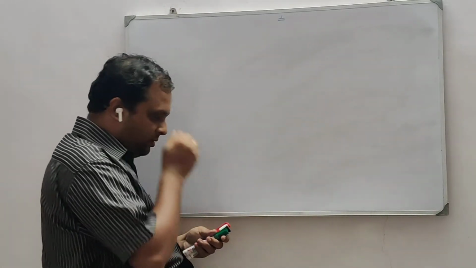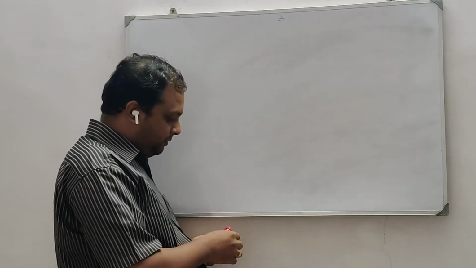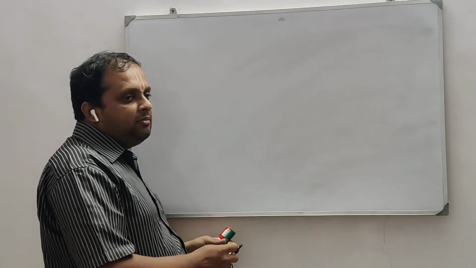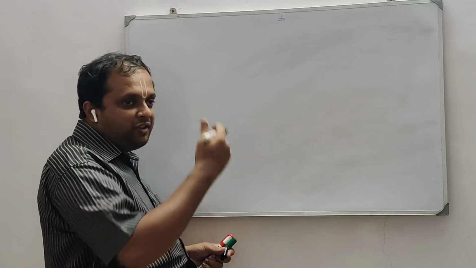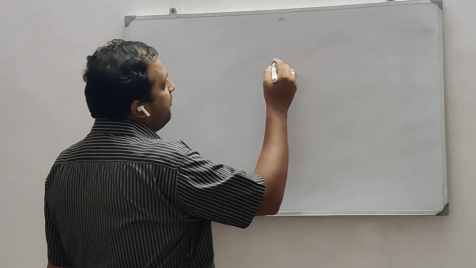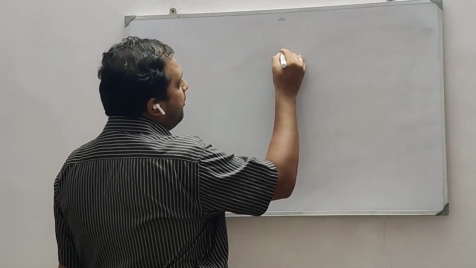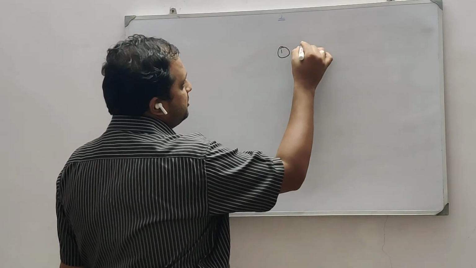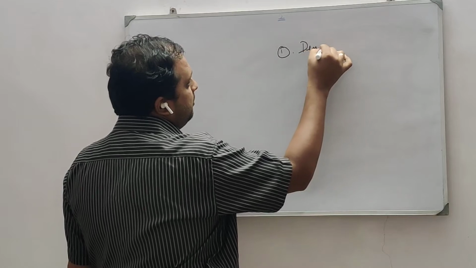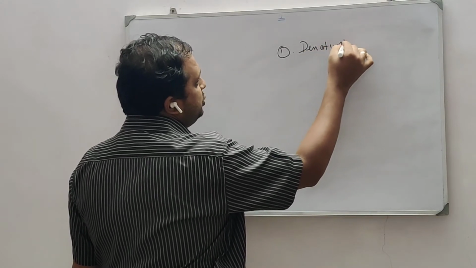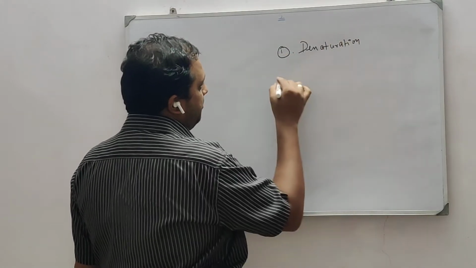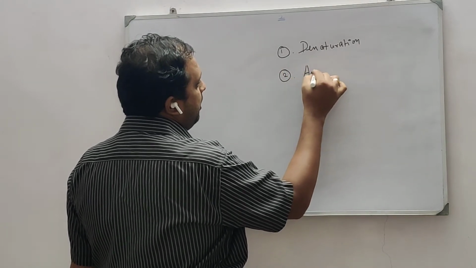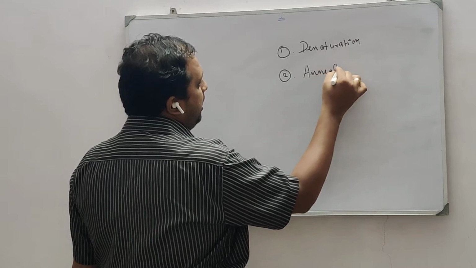The PCR program will have different phases, different steps. One is denaturation, first step. Second one, annealing.